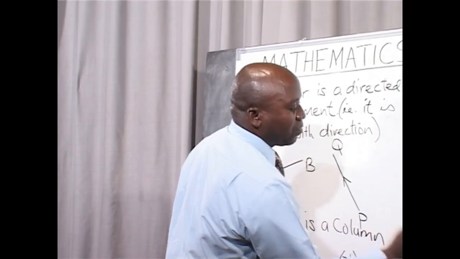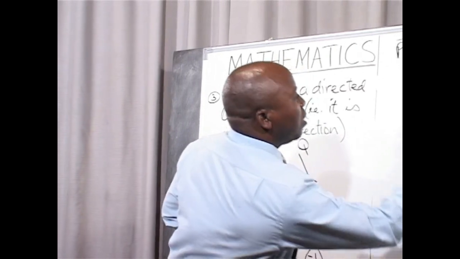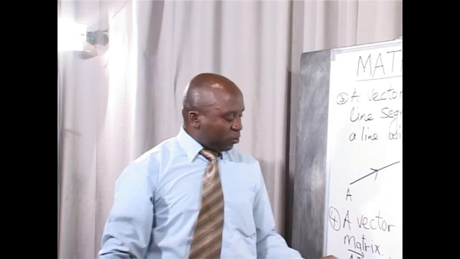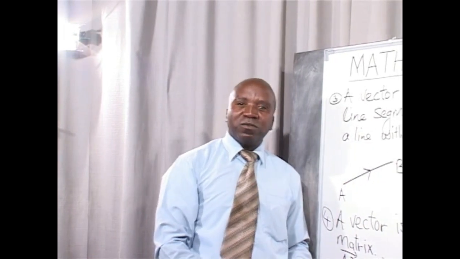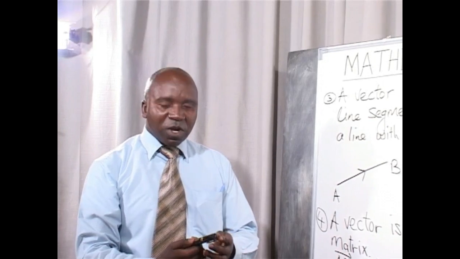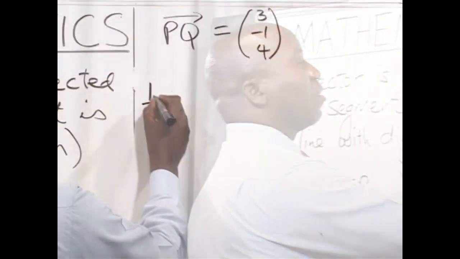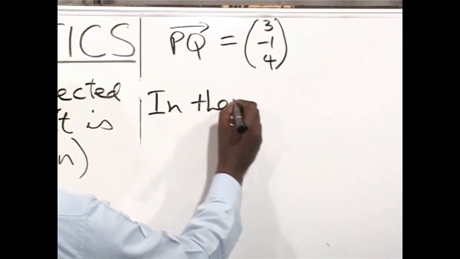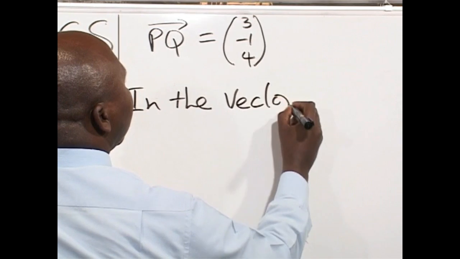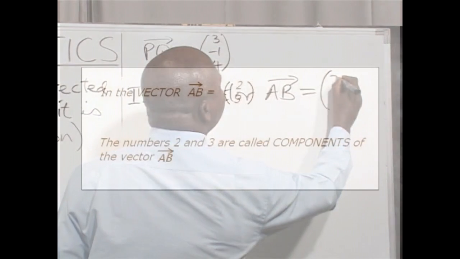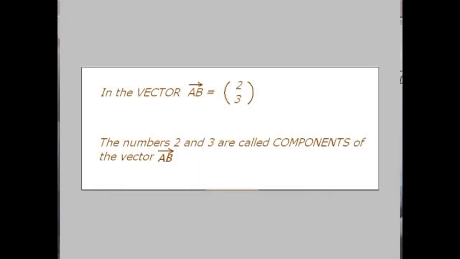In these vectors we have written, there are these numbers. Vector AB, we wrote it as 2, 3. These two numbers written have a special name. We call them components of a vector. So in the vector AB, which we wrote as 2, 3, the numbers 2 and 3 are called components of vector AB.